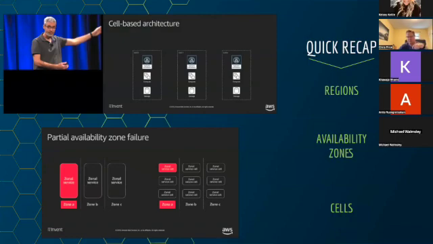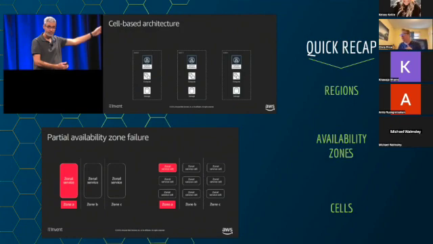And you can design your cells in a lot of different ways. You can design them so that they span a whole region. You can design them so that they only live inside of a single availability zone. But however you design them, the key point is that you have this isolated atomic unit that is an instance of your application, and you can direct traffic to it.